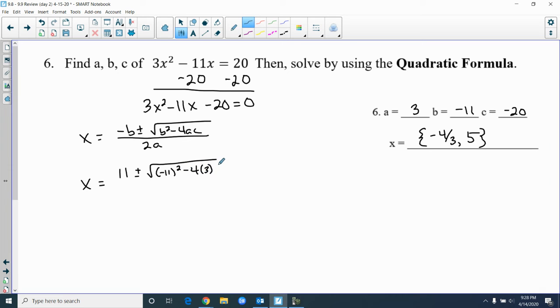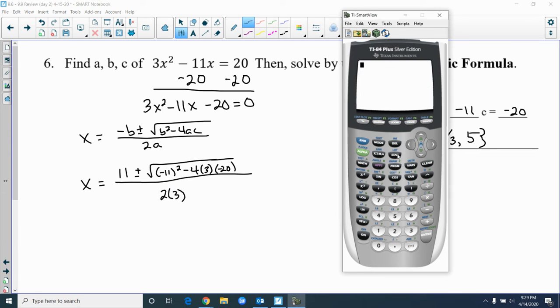A is 3, C is negative 20, over 2 times 3. All right, figure out what's going to be underneath the radical. Make sure you put negative 11 in parentheses, squared, minus 4 times 3 times negative 20.